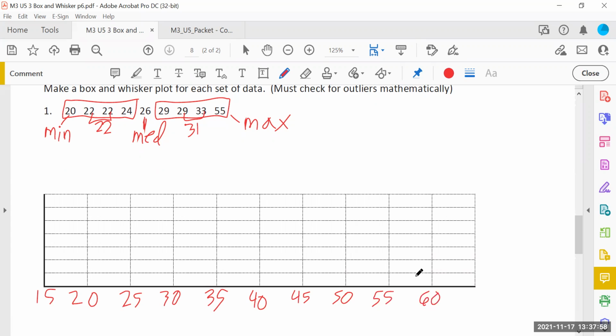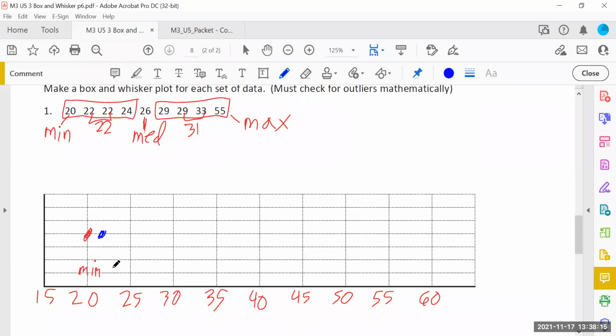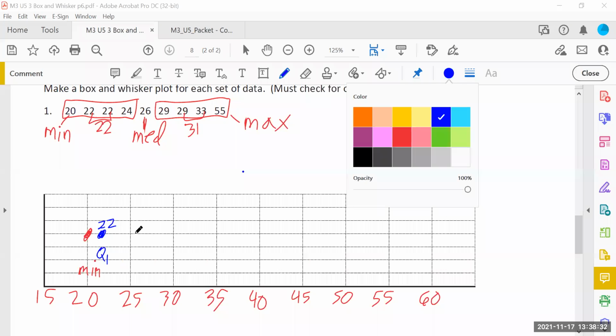So right now, I have my minimum at 20. Let me go ahead and put a little point up here, and I'll call that, again, this is my minimum. 22, let's use some different colors here. 22, that's my Q1, and I should maybe label that because it's not on a line. So 22, that's my Q1. 26 would be right here.